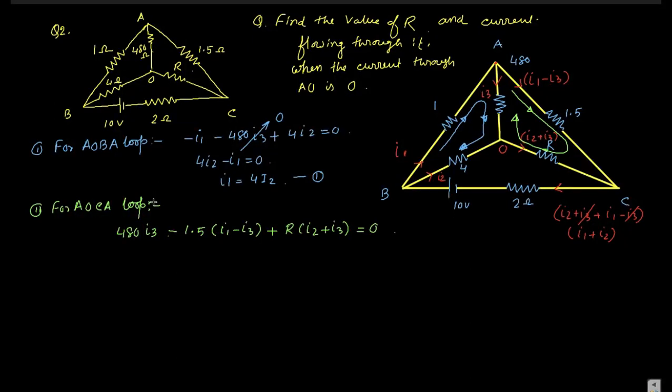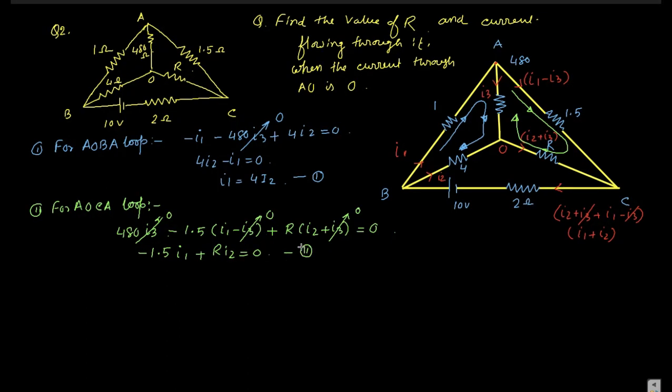As I3 is 0, it becomes minus 1.5 I1 plus R I2 equals 0. Take it as equation number 2.